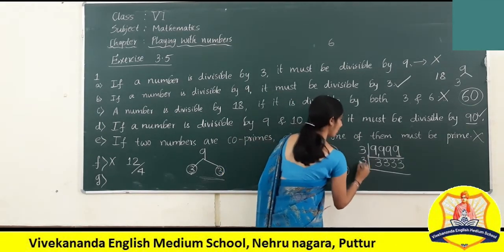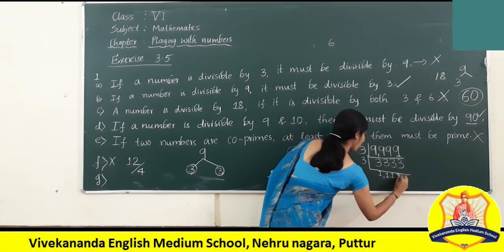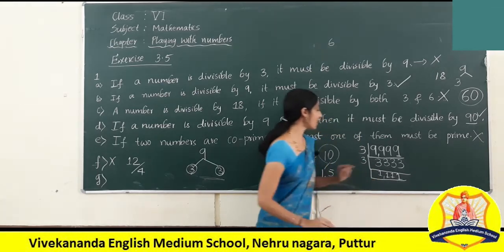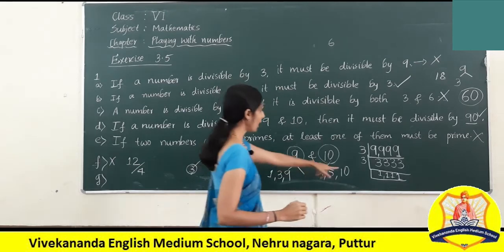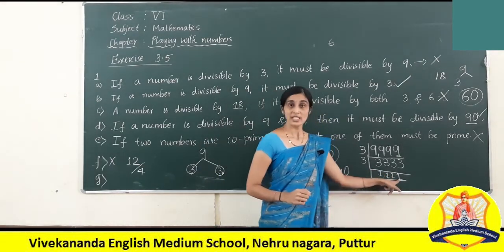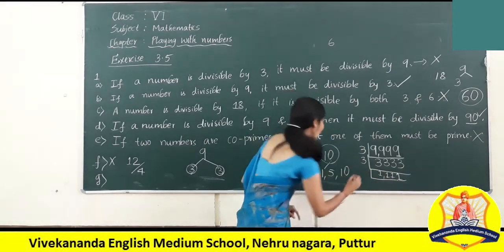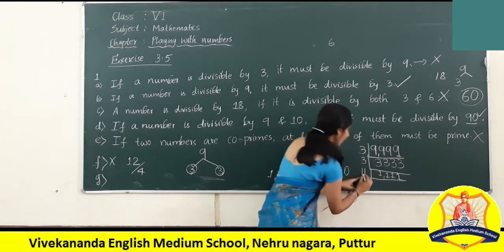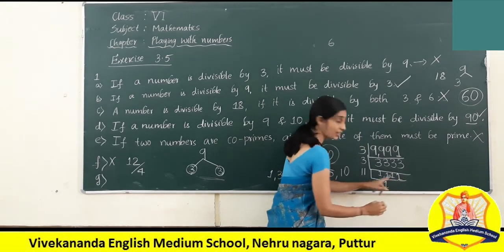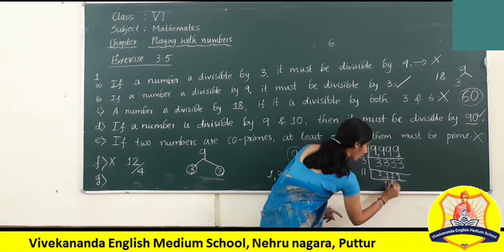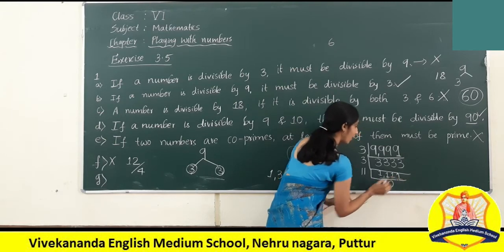Then 3333. Next number, yes, of course, 3 itself. Which is the next possible prime number I should take here? Can I take 5? I cannot. 7 cannot. So, which is the next prime number? 11 it is. 11 ones are 11. After that, 1 I cannot, so 0 I'll put. Next I'll combine these two.